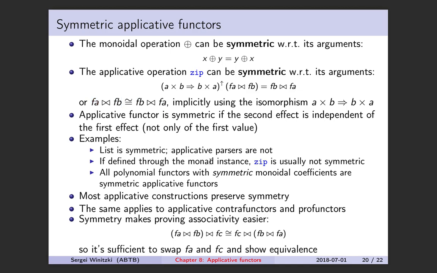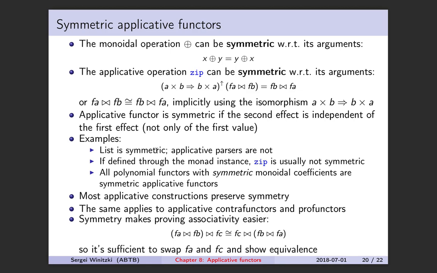Also, if you define anything through the monad, most likely it's not going to be symmetric. Well, for lists, we know it is not symmetric. We have seen that. The order is different in the result when you define zip through the monad. But we know that for lists, the monad-defined zip is not usually what you want. You want applicative-defined zip, which is incompatible for lists.